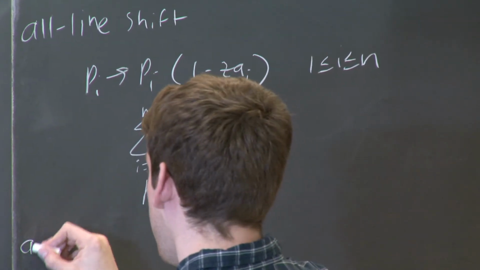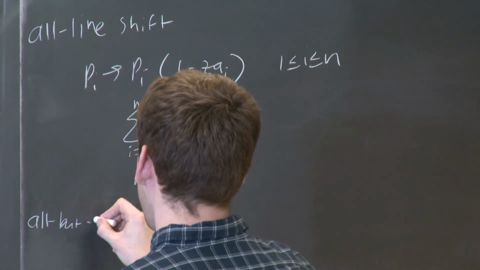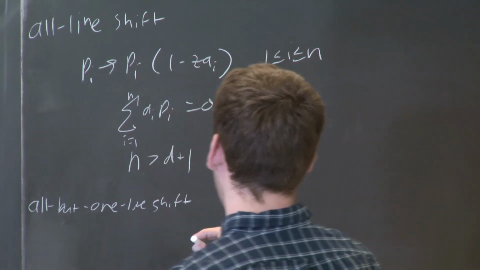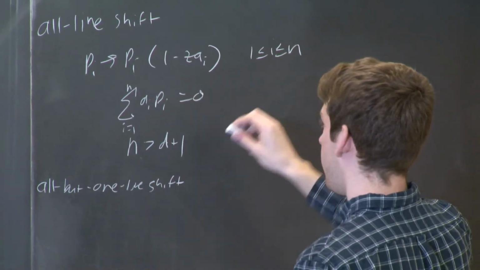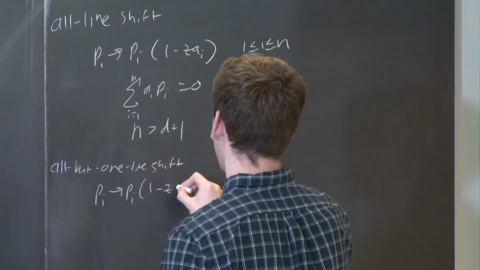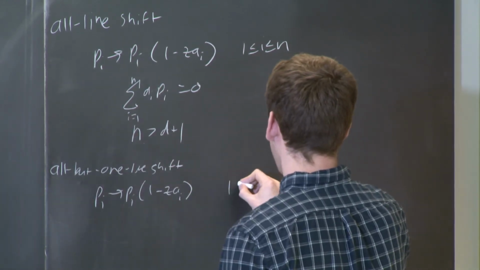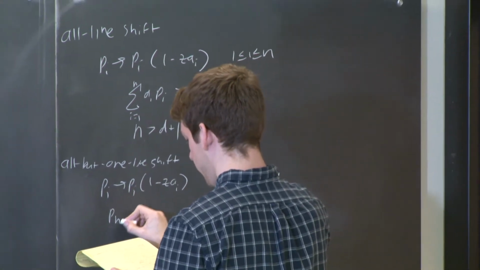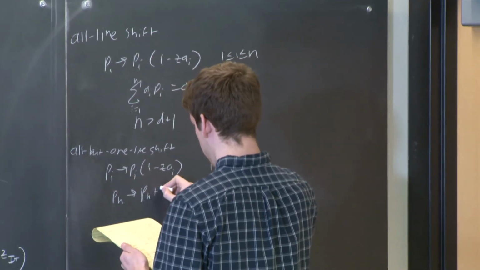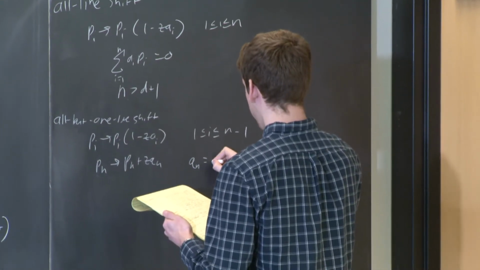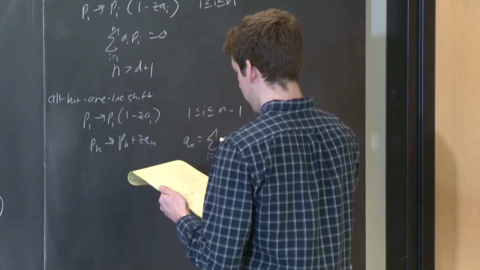You'd like shifts which will work in more general conditions. So you can try the all but one line shift, and that will look similar. You will just do the same shift leaving out one of the particles. The nth particle you will shift in this way. And then you have two constraints for momentum conservation and on-shellness.